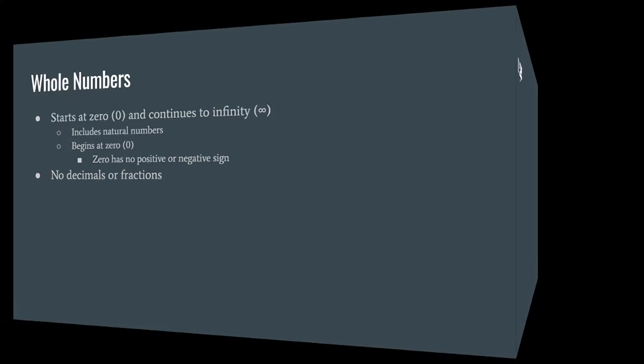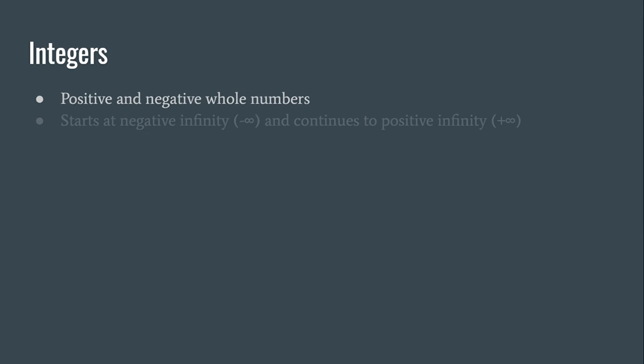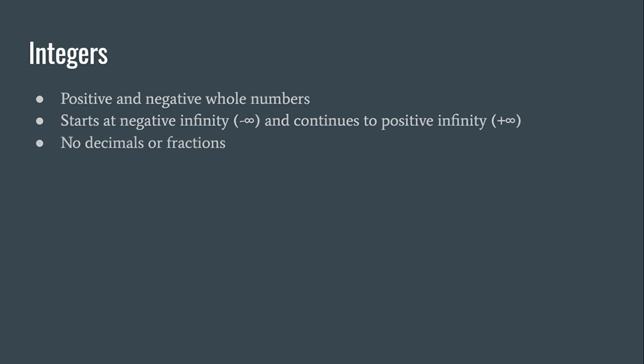So next up we have the integers. Integers, by definition, are your positive and negative whole numbers. They start at negative infinity and they go all the way to positive infinity. As an example, I'm going to start at something a little bit smaller, like negative 10, but just know that everything else past negative 10 is going to be way smaller.